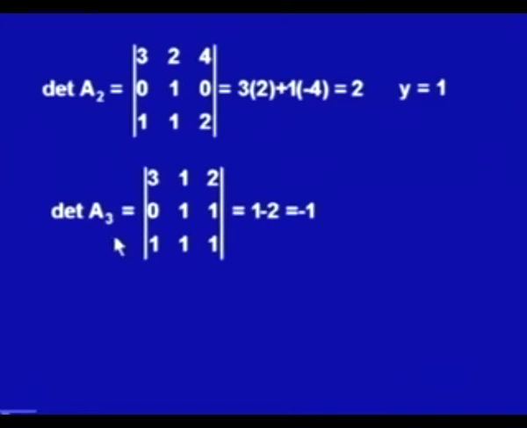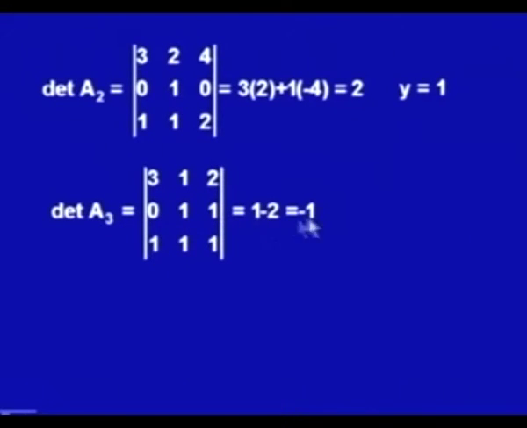Similarly, determinant A3 is computed by replacing the third column of the matrix by the column vector 2 1 1. Now, when I expand this determinant about say this row, this comes out to be 1 minus 1, which is 0, and from this it is 1 minus 2.